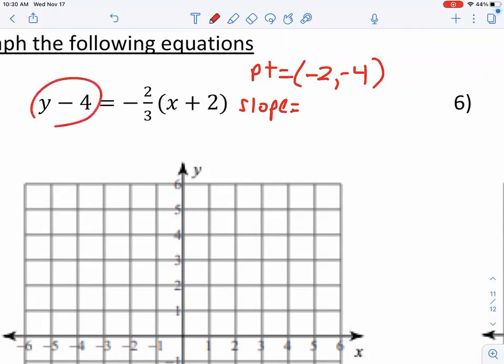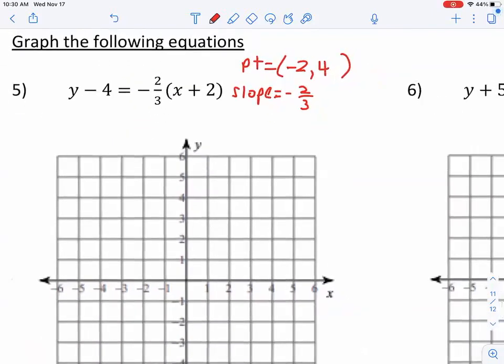And I got, oh, I'm sorry, my y value is +4. My mistake. My y value is +4. I get that from here, because it's y minus the y value. Our slope is -2/3. That's this guy right here. That's our slope.